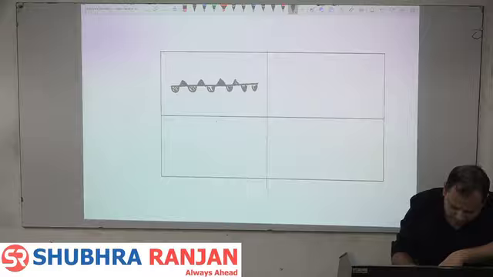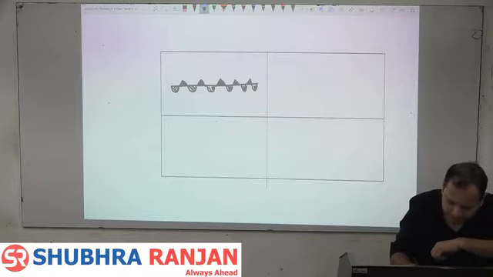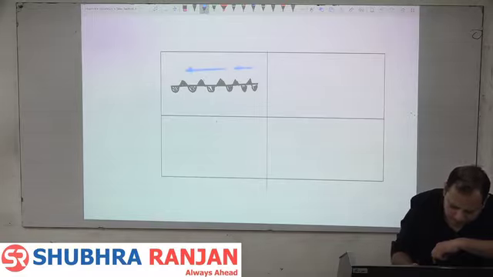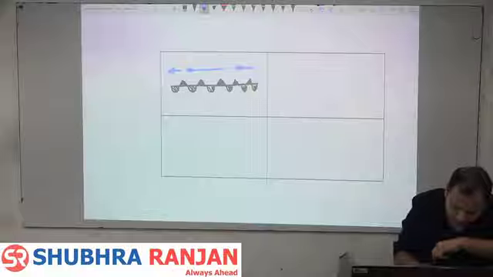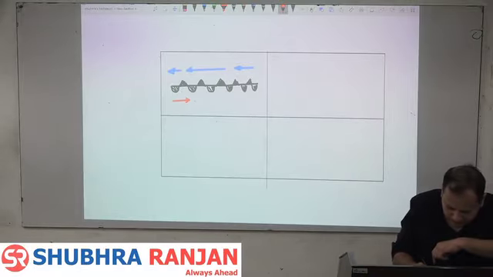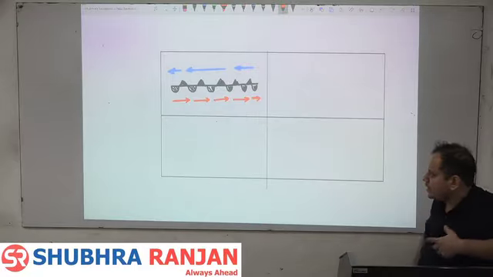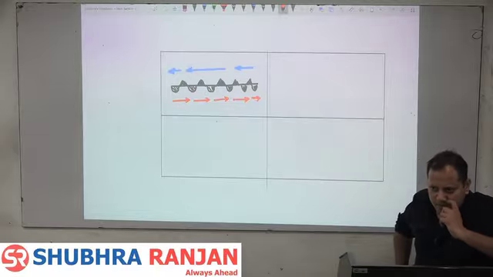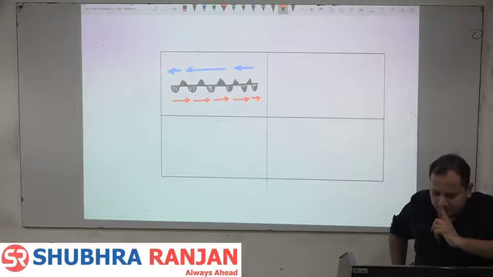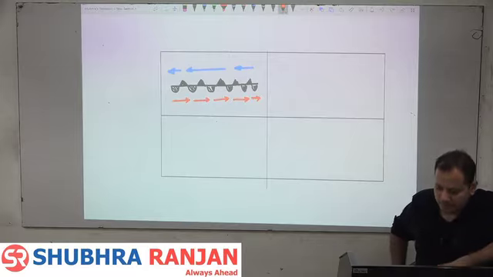Before the convergence, the air masses flow parallel to each other. Bracket में लिखो, which front is this? Air masses flowing parallel to each other. Stationary front. Fine.